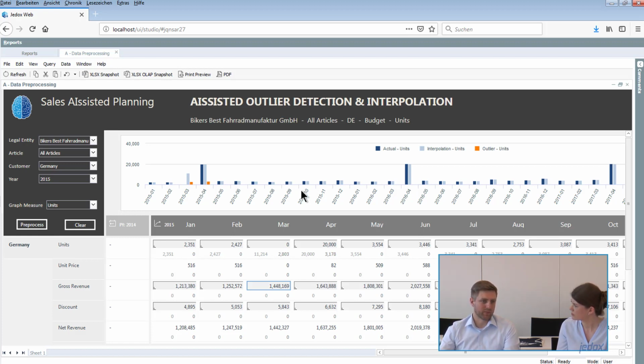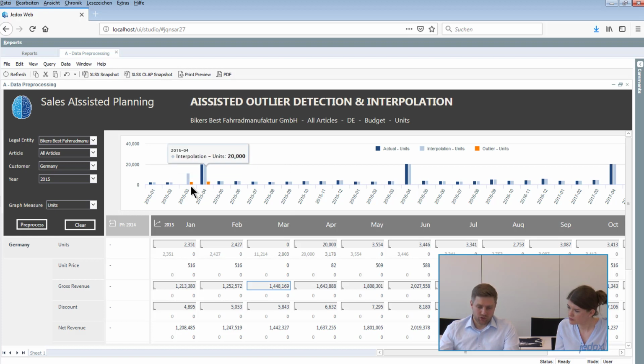If there's only one missing value, the probability is very high that you hit the right value there. So in this case, it is good to have more data. But it also depends on how many values are missing. It should be a good ratio between missing values and existing values, because if you have 3 years of data and 2 years missing, then it's hard to interpolate. Yeah, makes sense.